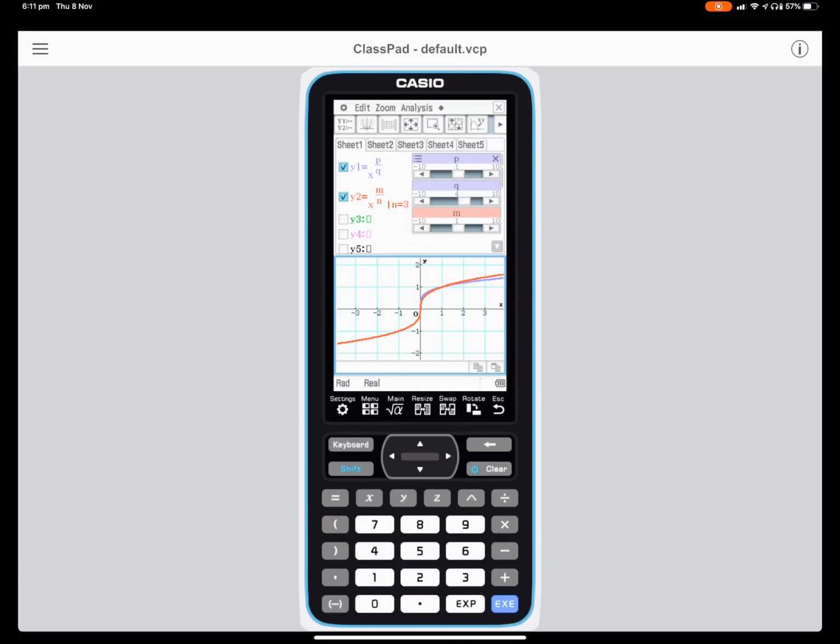If m is less than p, and q is equal to n. Oh, so if m is greater than p, then f of x is still larger. pn is less than qm. pn, 3 times 3, qn, qm.